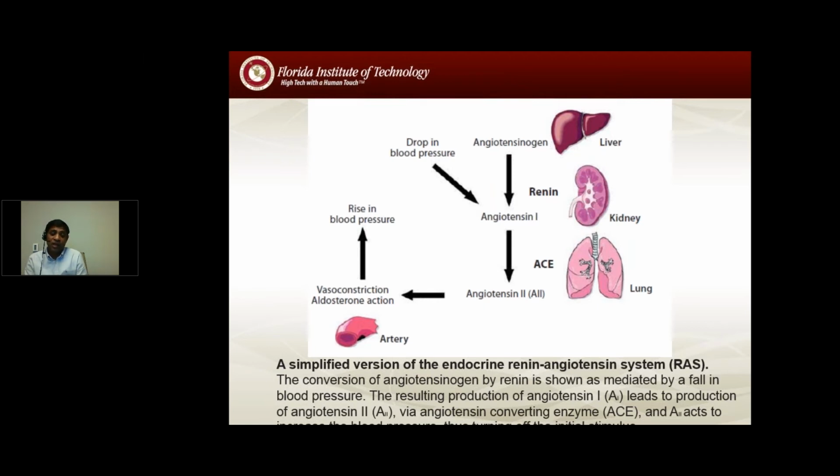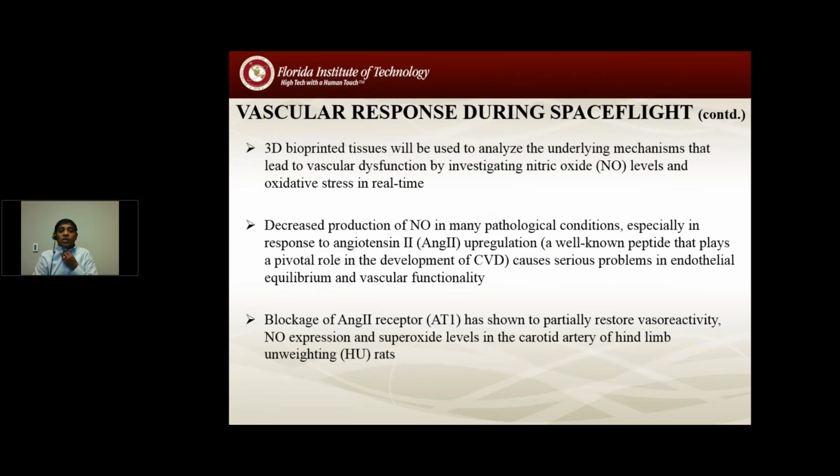One of the goals of our research is to see how we can reduce the risk of increased angiotensin 2, because by reducing angiotensin 2 production, we can prevent cardiovascular disease. Angiotensin 2 results in vasoconstriction, and vasoconstriction results in an increase in blood pressure.